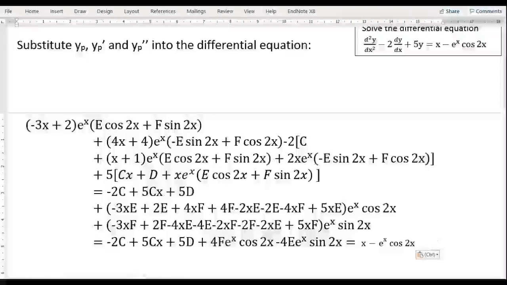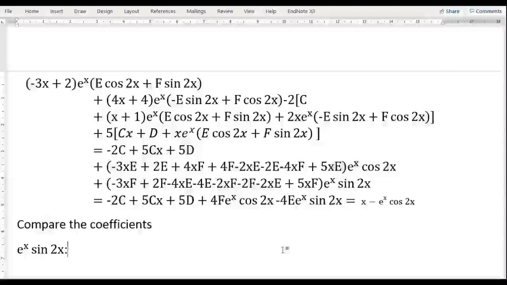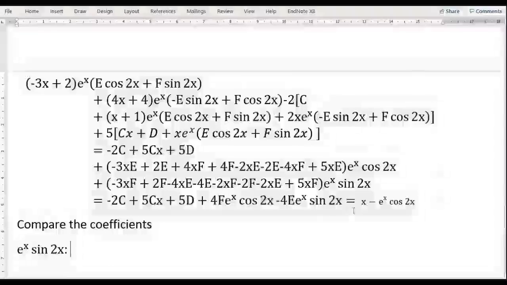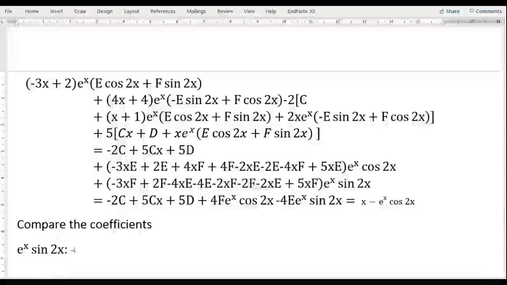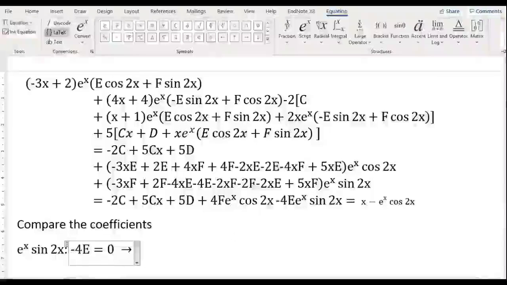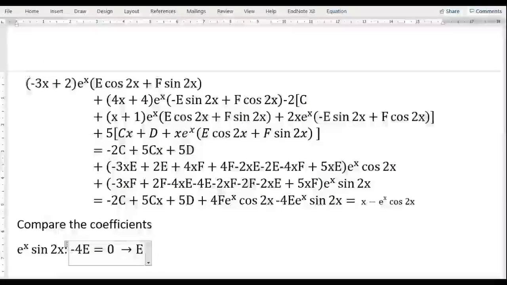So next step, we need to compare the coefficient. Okay, when we compare the coefficient for this exponent sine 2x, it is equivalent to 0, which implies that e is equivalent to 0.